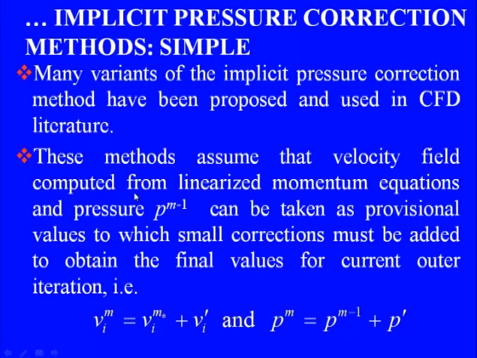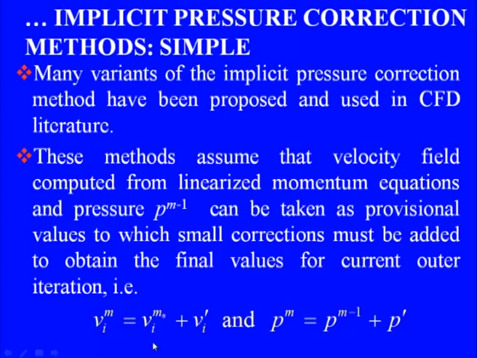That is to say, the velocity field computed from the linearized momentum equation and pressure Pm minus 1 can be taken as provisional values to which small corrections must be added to obtain the final values for the current outer iteration. That is, Vim could be obtained as Vim star plus a small correction Vi prime, and similarly Pm is equal to Pm minus 1 plus a small correction P prime.